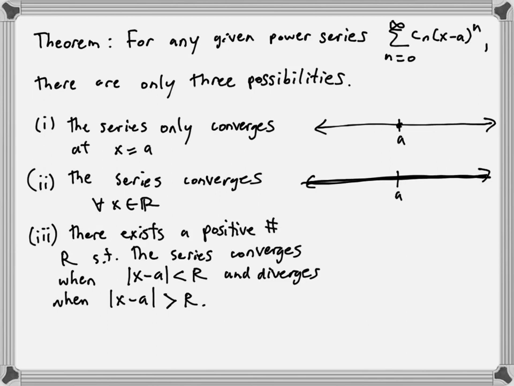Finally, this is the most important case. For case 3, what we're saying is that there exists some r. Sorry, I wrote that wrong. It shouldn't be r here, but it should be a plus r and then a minus r. In other words, r is this distance right here.